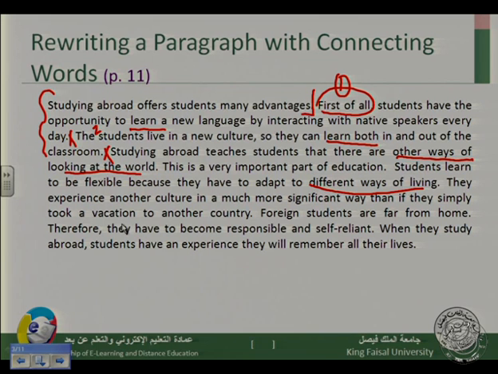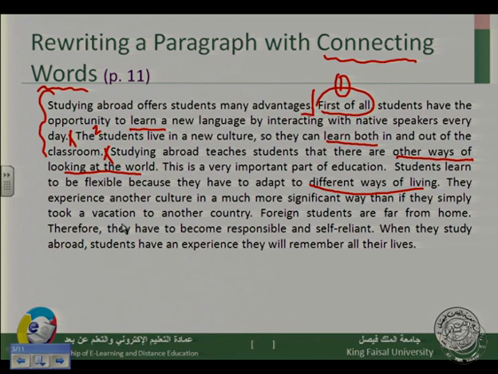Now, connecting words give some more organization to your paragraph. So they help the reader follow your ideas. They help the reader understand you more, or understand what you want to express more.